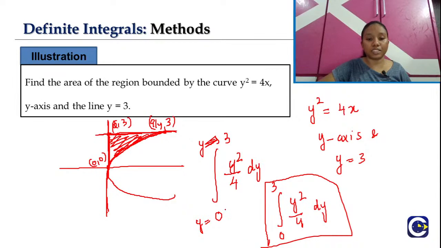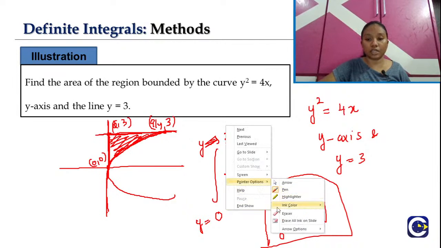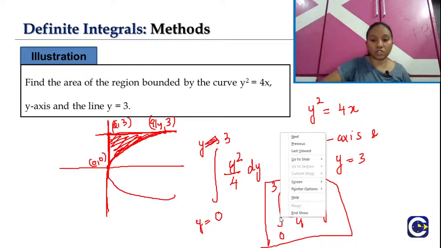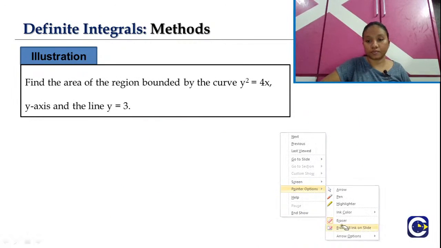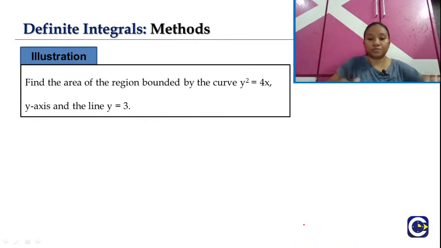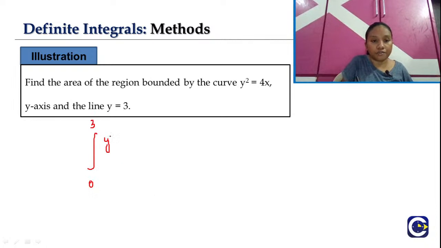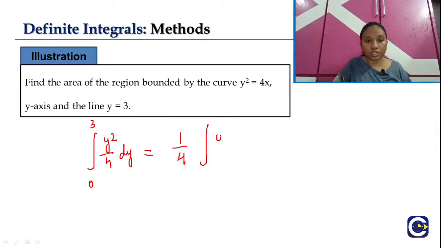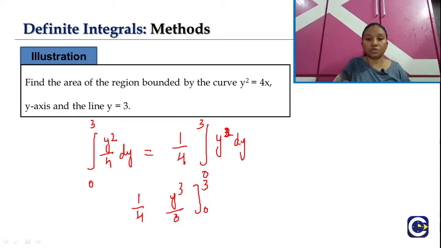So let's simply integrate this and see what the area will be. It is the integral from 0 to 3 of y square by 4 dy. 4 is a constant, so we can pull that out. So the integral of y square dy with limits 0 to 3 gives 1 by 4 times y cube by 3, with limits 0 to 3.